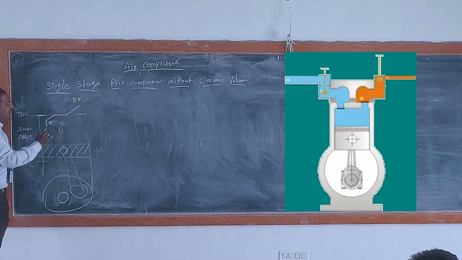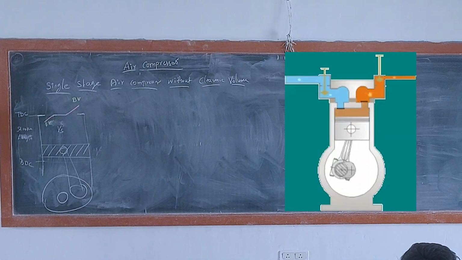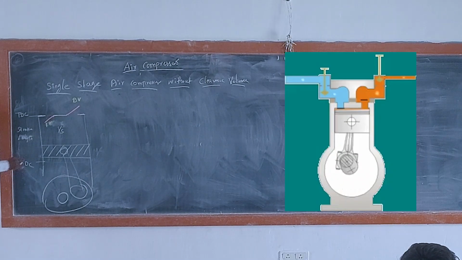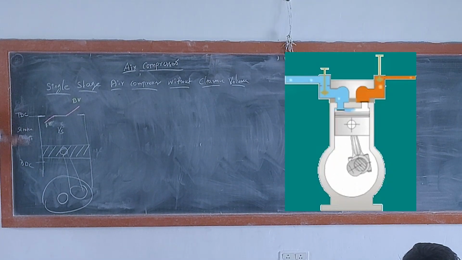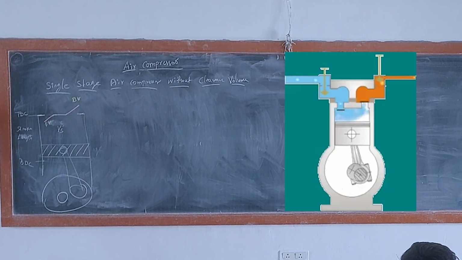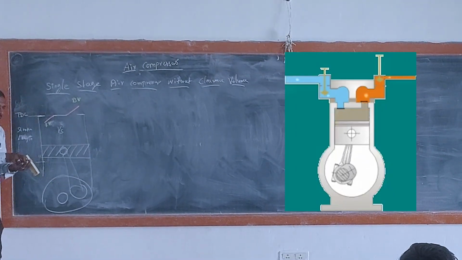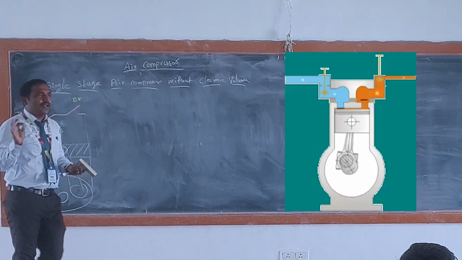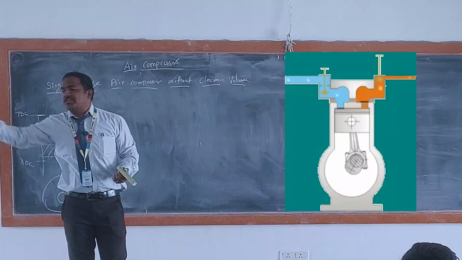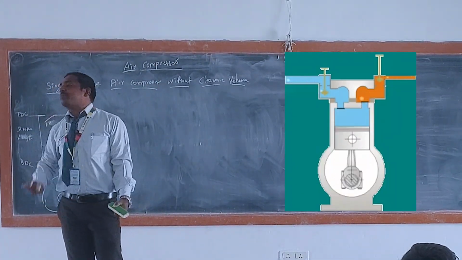Got it? Then, when does this delivery valve open? That's very important, because how many strokes do we have here? Only 2 strokes: suction, compression. Then where is the delivery? Clear? So all the compressors are designed for a particular pressure. This compressor 10 bar pressure, this compressor 20 bar pressure, this compressor 5 bar pressure.